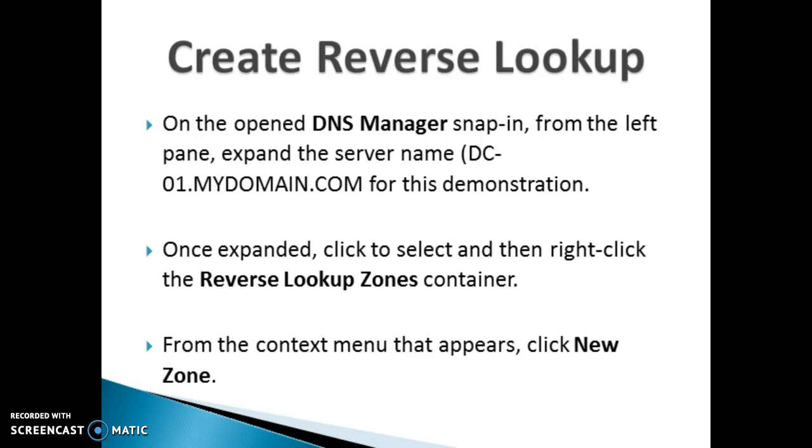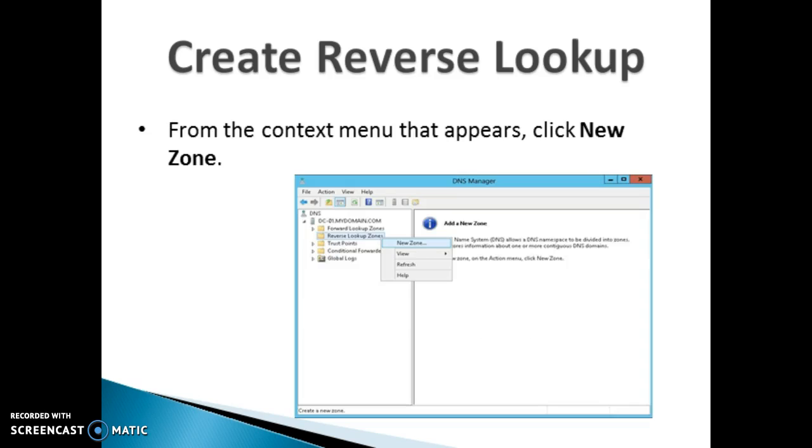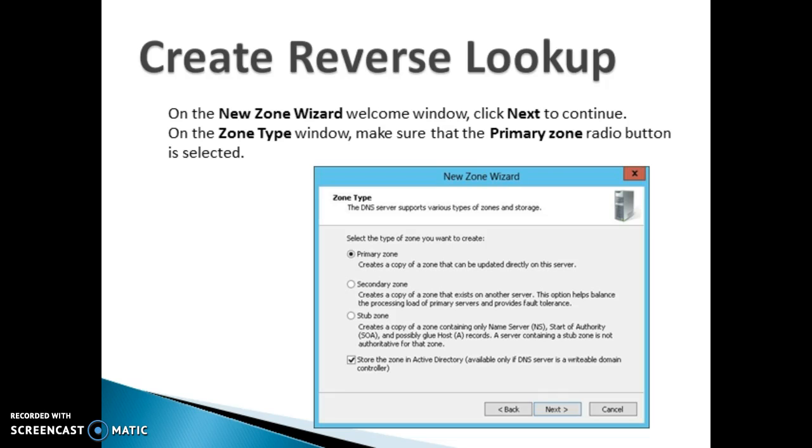In this example it is dc01.mydomain.com. Once expanded, select and then right click the Reverse Lookup Zones container. From the context menu that appears, click New Zone. This screenshot shows what we should see at that point.